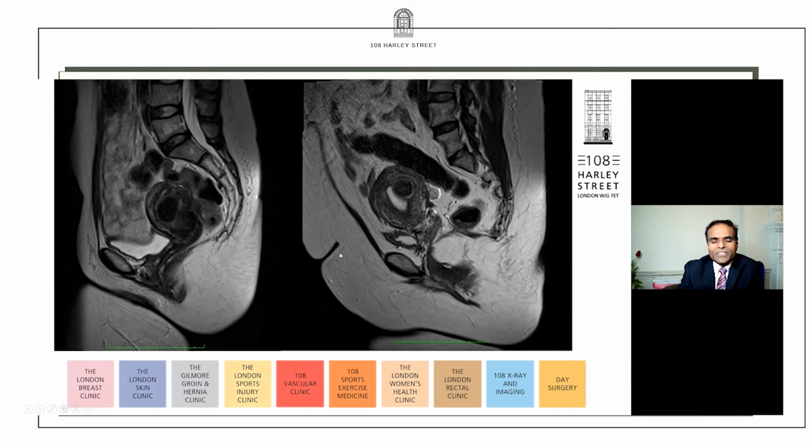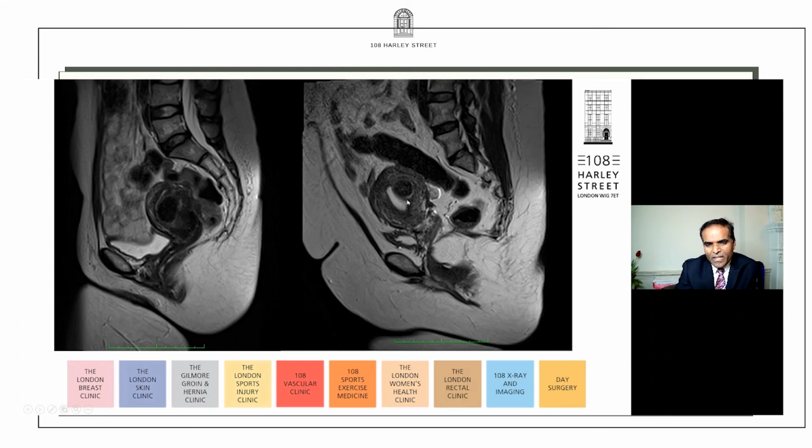In this MRI picture, there are 2 MRI pictures of 2 different patients. In one, you can see the white line continuous from the fundus to the cervical canal. On your right side, you can see a type 2 fibroid with about 20% projection into the cavity, and the cavity is distorted.